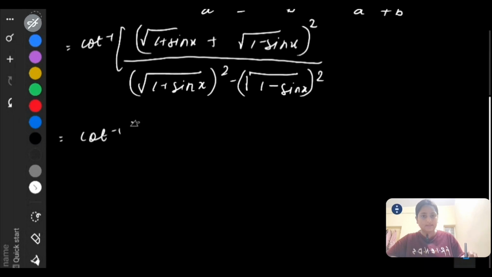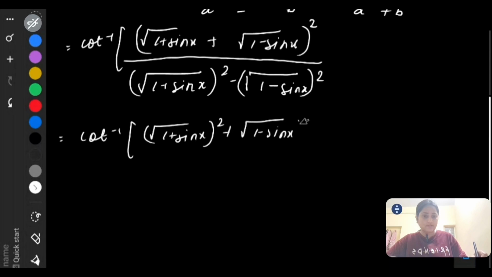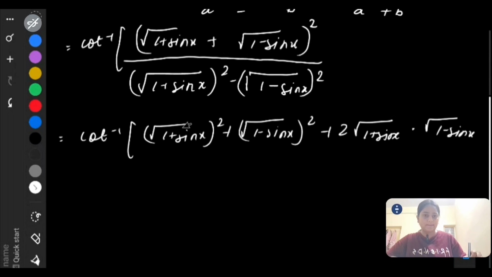So let's see the next step. It is cot inverse. Open the bracket. We'll get a square, which is under root 1 plus sine of x whole square, plus b square, which is under root 1 minus sine of x whole square, plus 2ab. 2 under root 1 plus sine x into under root 1 minus sine x, because this is a and this is b, so 2ab.